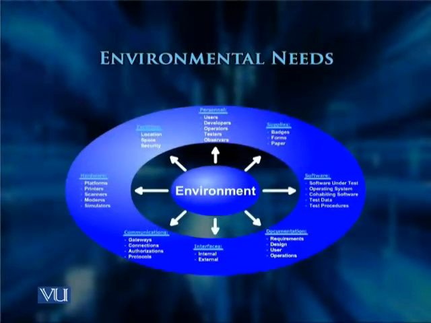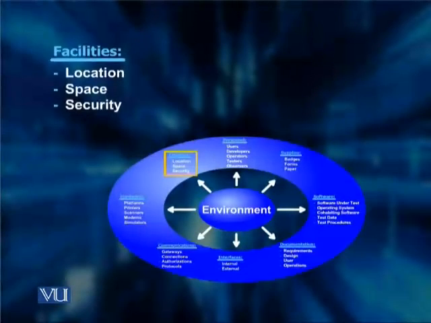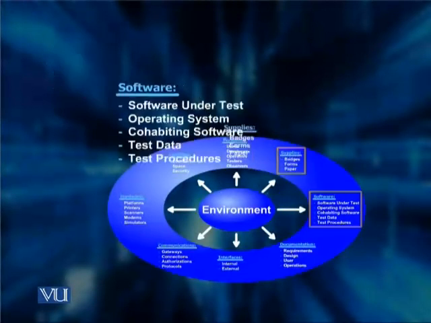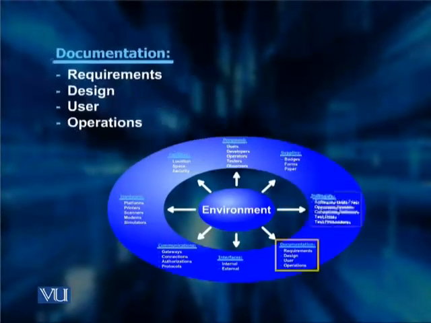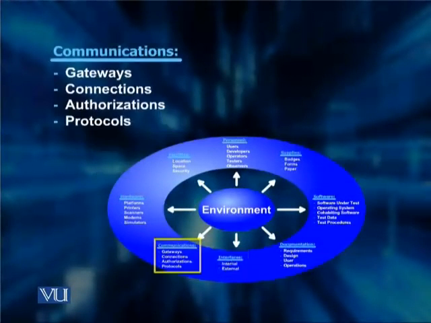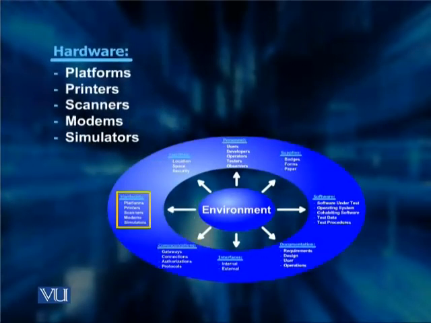This also has 8 factors in it, or 8 environmental needs. There are facilities, there are personnel, then you have supplies, then you have software, documentation, you have interfaces, you have communications, and you have hardware.